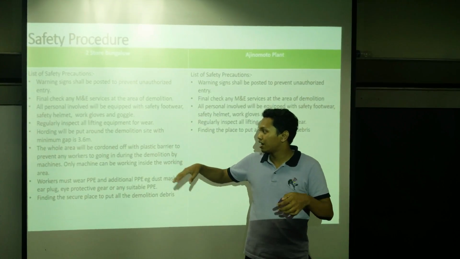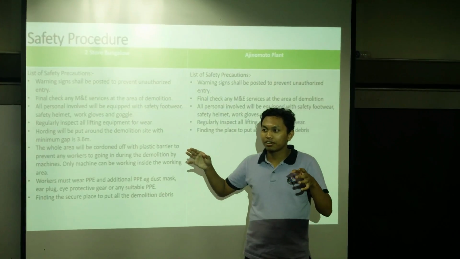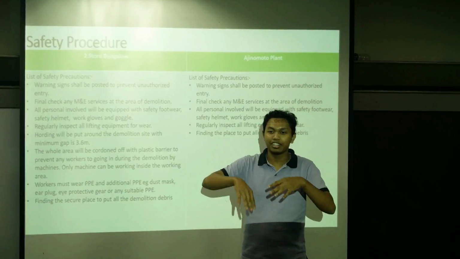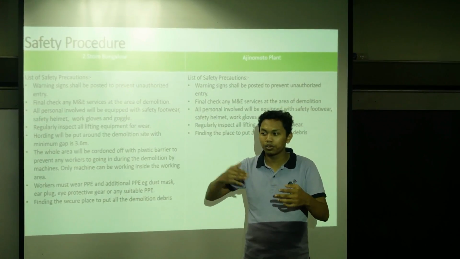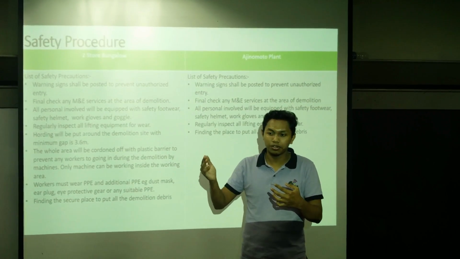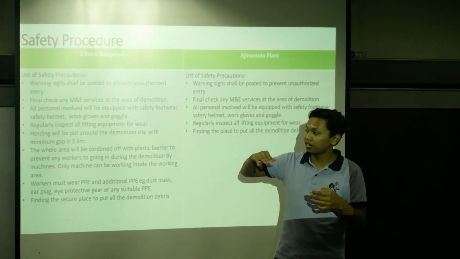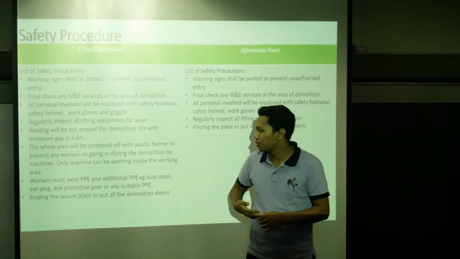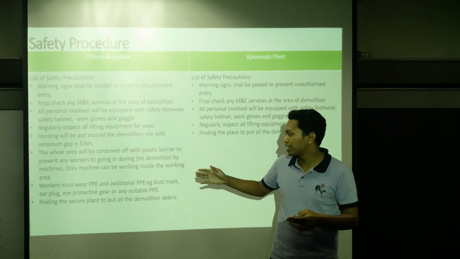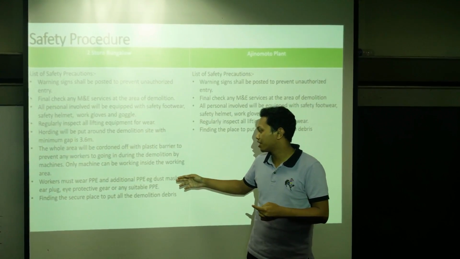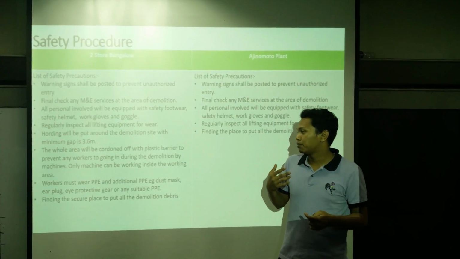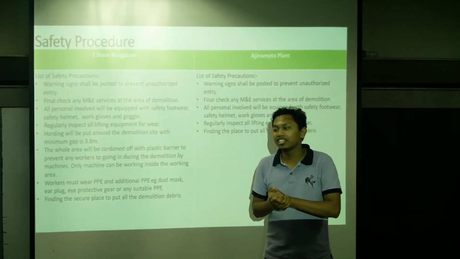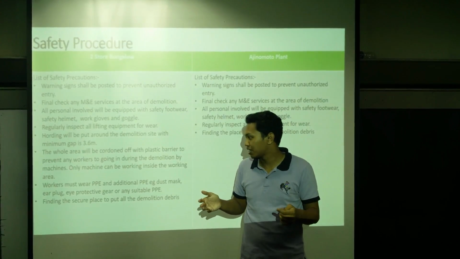This means that people walking near the demolition site can see that they should not go into the demolition site. Next, the worker must wear PPE and additional PPE, for example gas mask, gloves, ear protective gear or any suitable PPE. This is for safety.